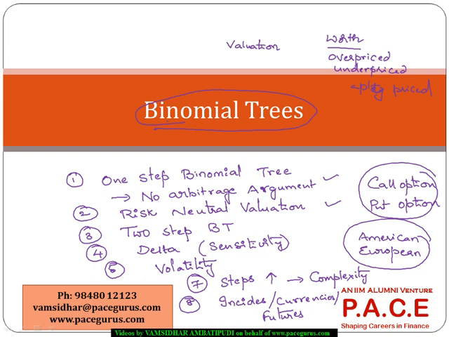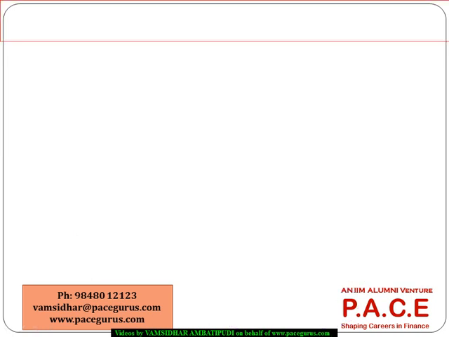Though we'll spend more time on these things at a later stage, here I just want to give you a quick summary or introduction using the binomial trees. So with that as a base, let's get started with the one-step binomial tree approach to value an option on a stock.